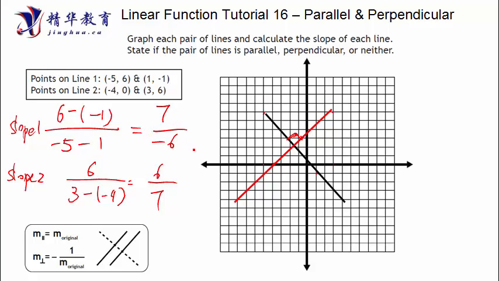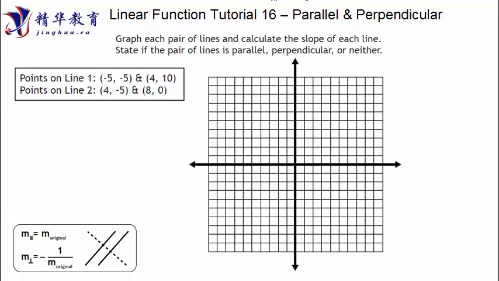So negative reciprocal. For example, if we have a line with slope 2, the perpendicular line's slope is supposed to equal negative 1 over 2, flipping the 2 and changing the sign. Now these 2 slopes are for perpendicular lines. Good. Let's see the next page.